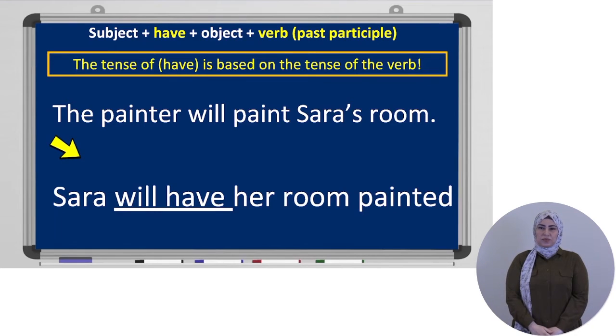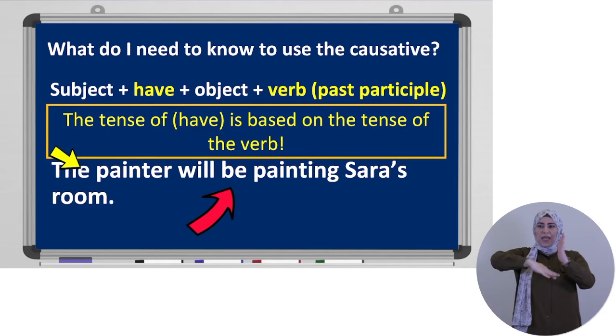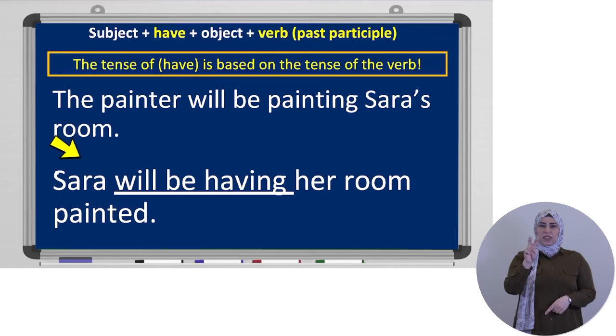Very easy. Let's look at one more example with the tense changing. The painter will be painting. What will the answer be? Sarah will be having her room painted. Notice how it works. It's just a matter of mirroring the examples.